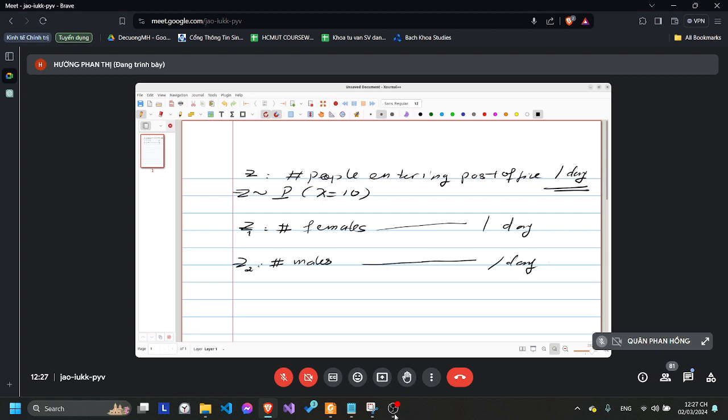And at the beginning, actually, we don't know the distributions of Z1 and Z2. But with the properties of the Poisson, we know that Z1 also follows a Poisson distribution with the new parameter lambda 1 equals P1 multiplied by parameter lambda.